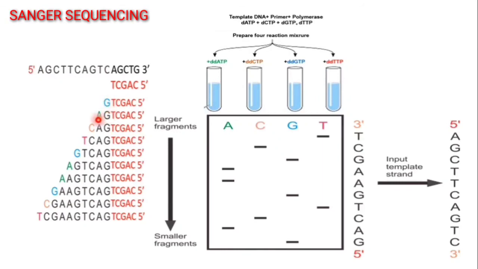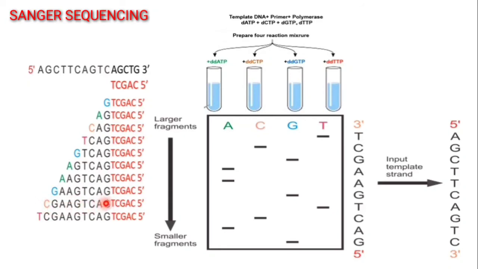But in the case of the A tube, growth occurs and first one normal GTP, normal guanosine triphosphate, is added, and after that the polymerase added one adenine, but that adenine was dideoxyadenine. So the chain is stopped here, and like that, all the other cases also work. Here also you can see one C. Here you see that first, in the C tube.